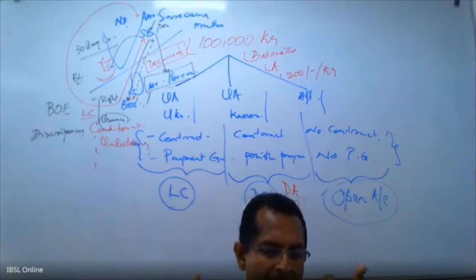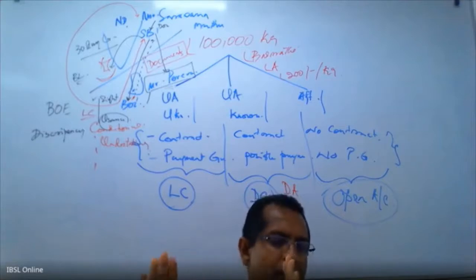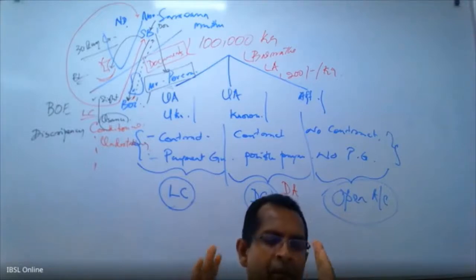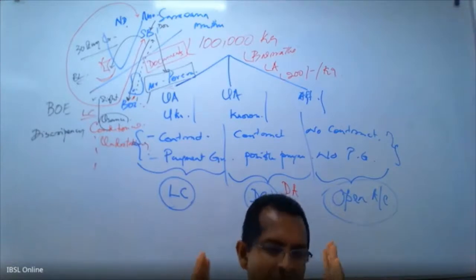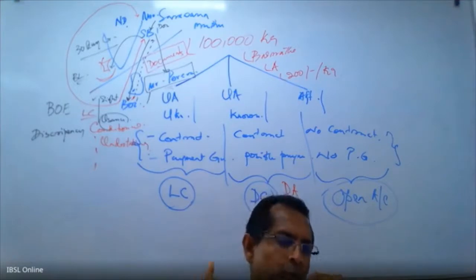But even if it is a DA document, when we are releasing on a shipping guarantee, there will be a liability for the bank, right? It is like avalization, where we confirm the payment. Similarly, as per international trade, if you issue a shipping guarantee for a DA document or DP document, the bank is liable to pay, right?